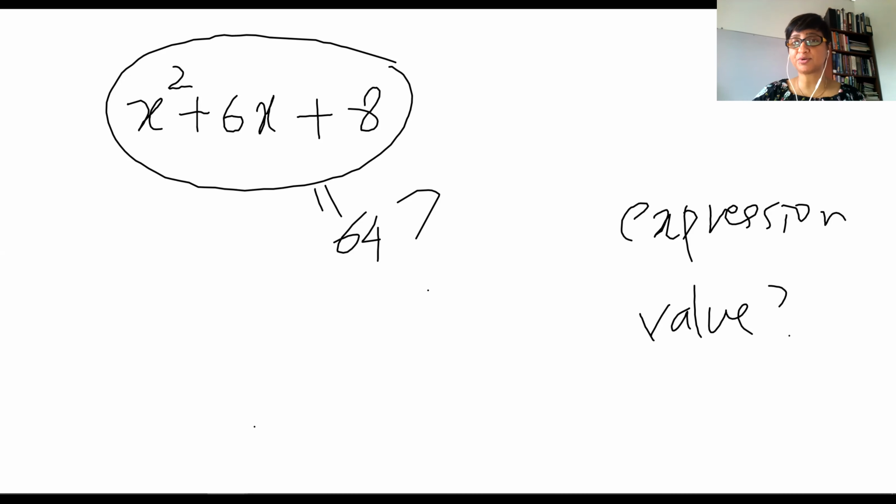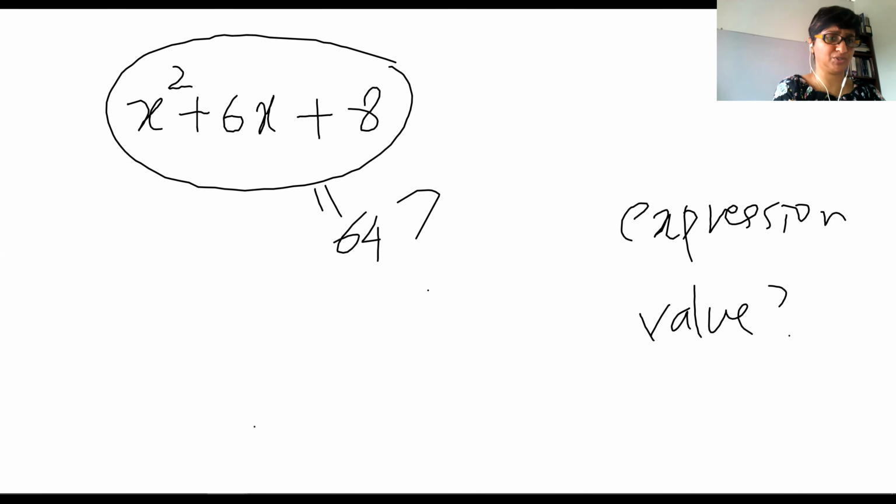If I asked you what the value of this expression is, your answer should have been, Miss, it doesn't have an exact value, but if x is this much, the value of this would be this much. And if x is that much, the value of this would be this much. The value of this expression depends on how much x is, isn't it?